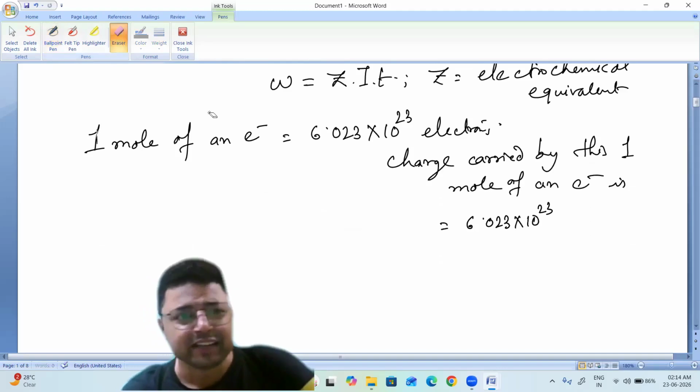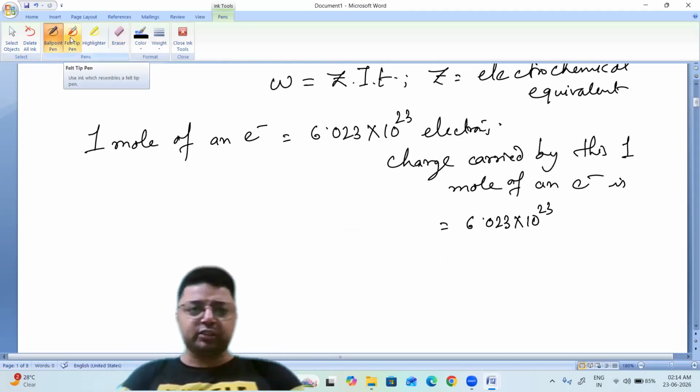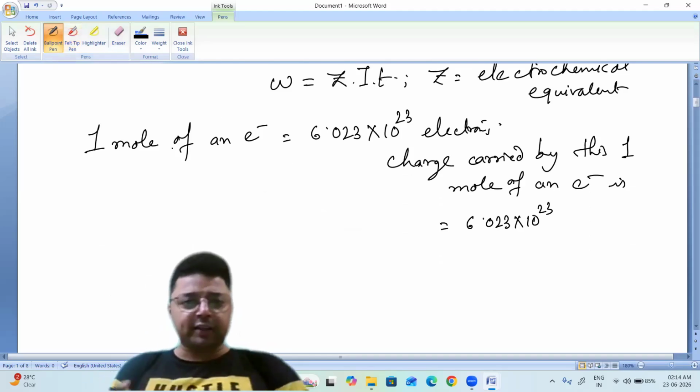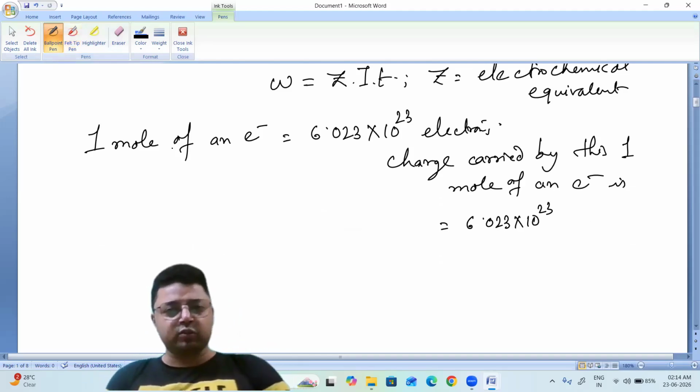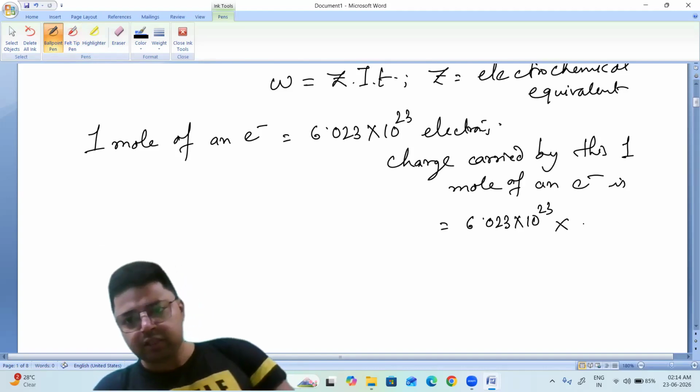Nowadays it is written as 6.022, but you can write it as 6.023. Actually, 6.022 is only up to class 10. Now you can write it as 6.023 as well.